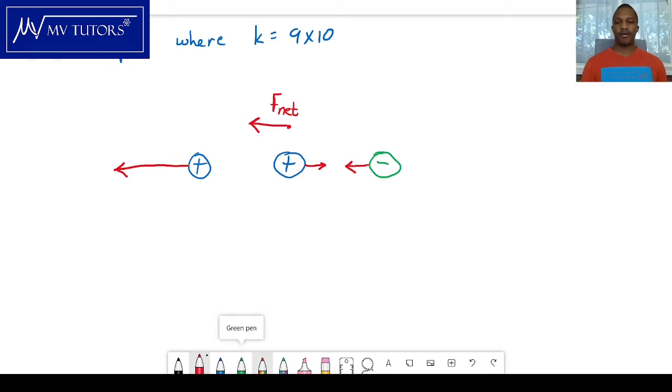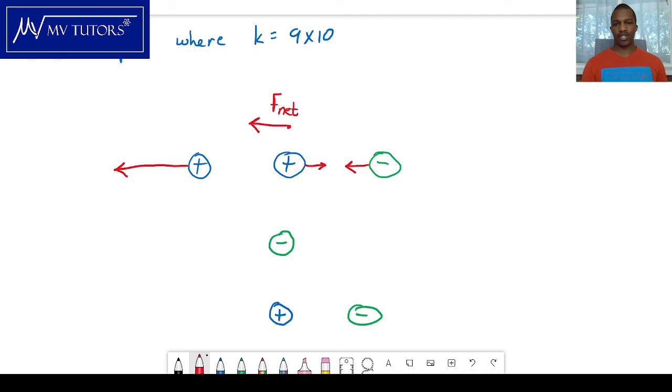Okay, now let's do a different configuration. Let's say I have a negative charge here, the positive charge right there, and another negative charge right here.